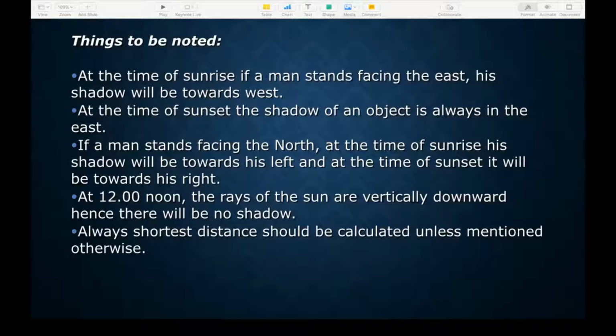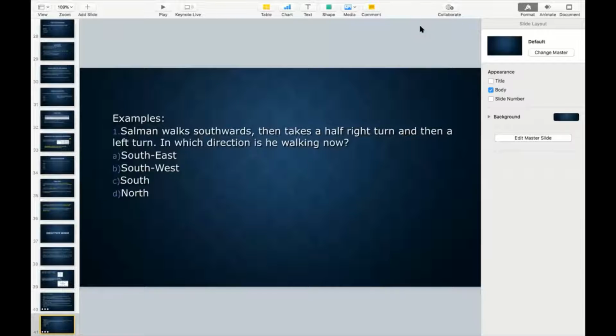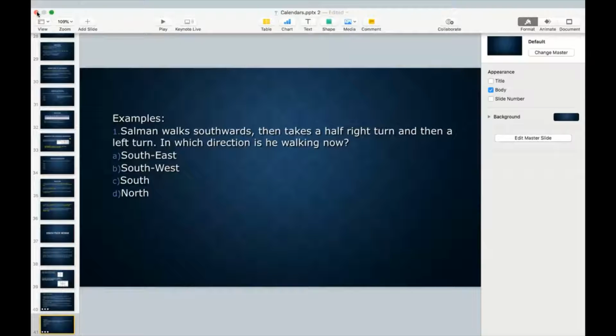The shortest distance will be simply a straight line joining the initial position and the final position. Clear, guys? In physics, we use this term displacement.